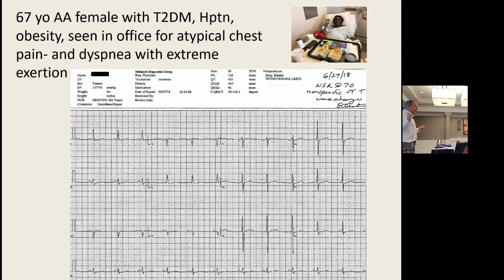So mimicking exercise, you infuse the dye before the agent is given and you look at the perfusion around the heart. Then you give the agent, which preferentially dilates the coronary arteries, and you look at the dye to see, is there a match? Is there an area of deficit that then reperfuses over time, right? And it's this mismatching that really drives the next test, which would be a cath and an intervention.